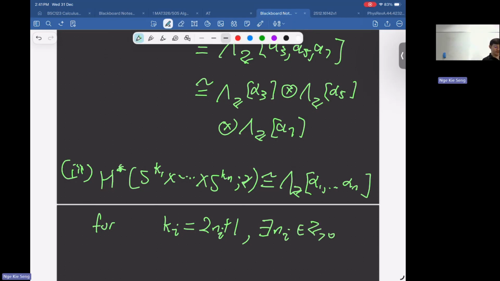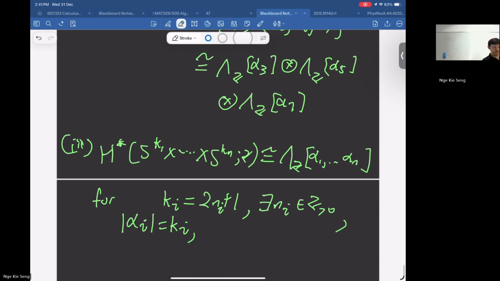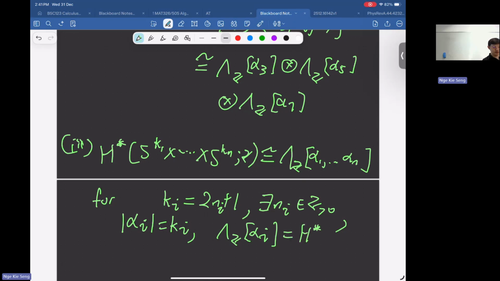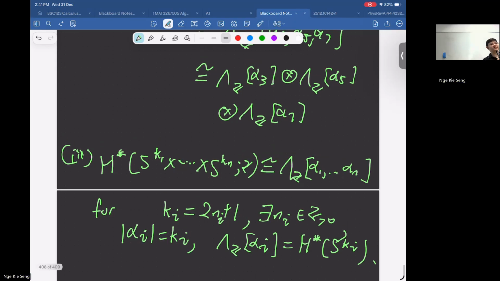Let me write it for you. So these are the generators. The degree of alpha i should be ki, and alpha i will generate the cohomology ring of the sphere of dimension ki. Every detail is clear, right? And ki is greater or equal to 0, because maybe it's S1.